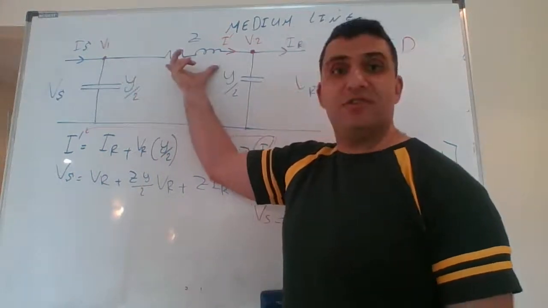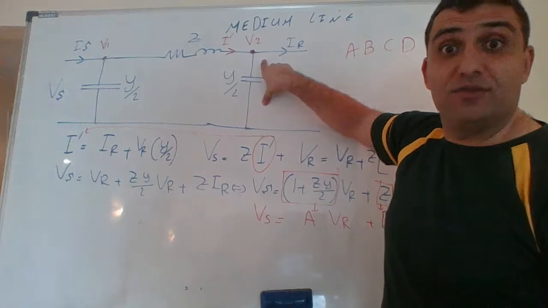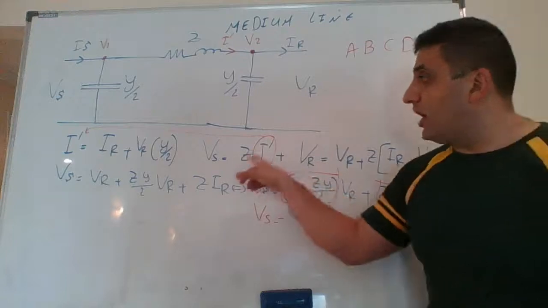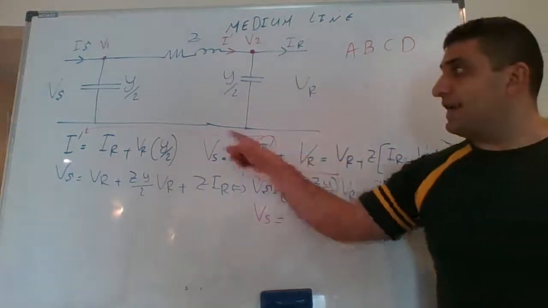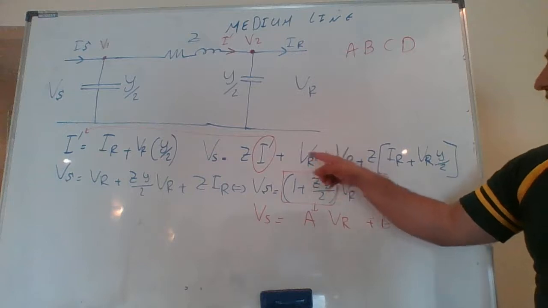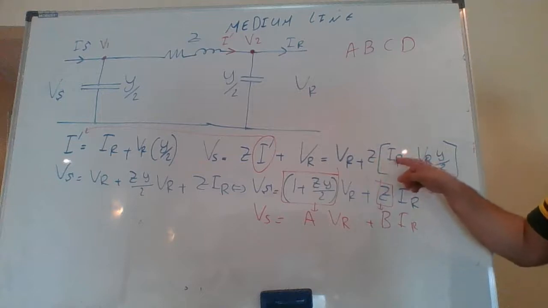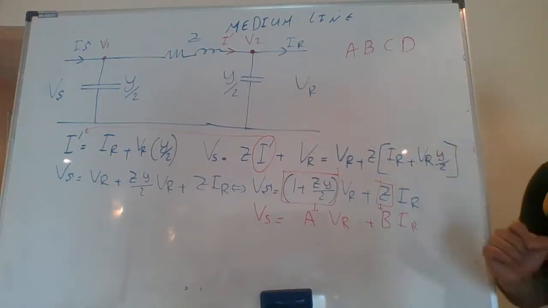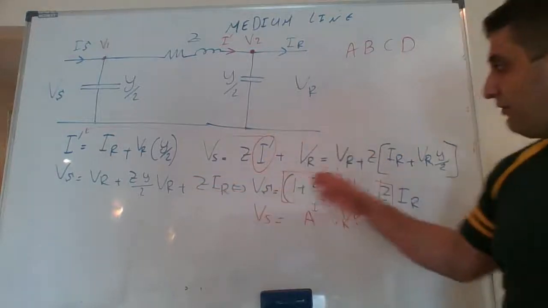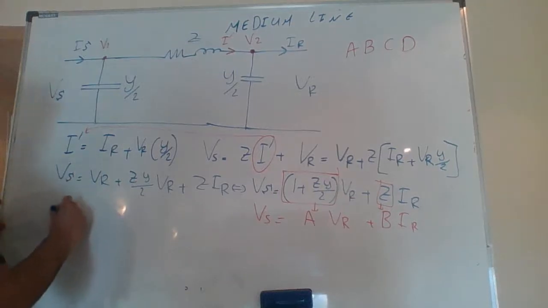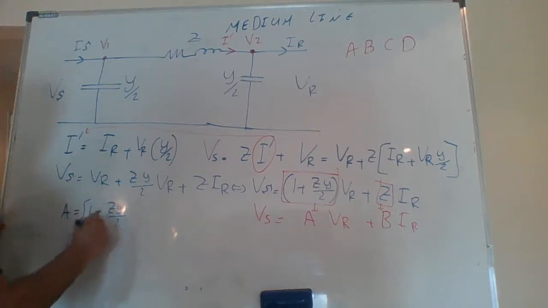It's equal to this voltage plus this voltage, which is VR. Vs is equal to I dash Z plus VR. I replaced I dash with its value. I end up with Vs equal to VR plus Z multiplied by IR plus VR Y over 2. I did some rearrangements, and I end up with A equal to 1 plus ZY over 2, and B equal to Z.